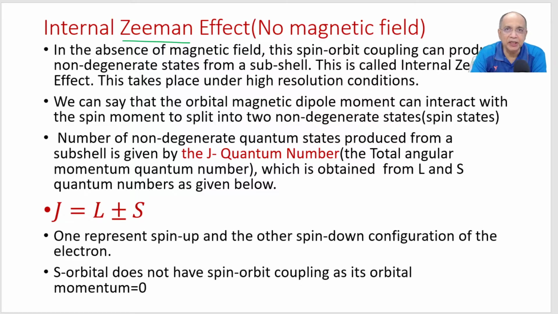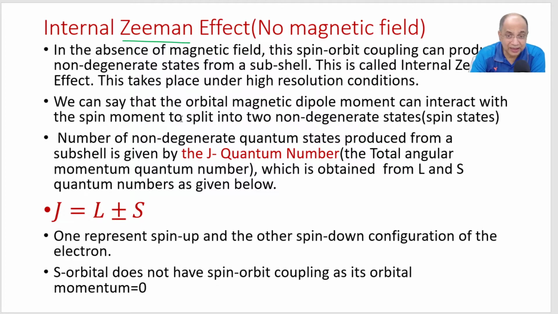So I am not an expert in the field to disobey what has already been named internal Zeeman effect. But I will refrain from using the term Zeeman here for mere LS coupling under high resolution condition. In the absence of magnetic field, let us just read out, we know everything. In the absence of magnetic field, this spin-orbit coupling can produce non-degenerate states from a subshell. This is called internal Zeeman effect. This takes place under high resolution condition.